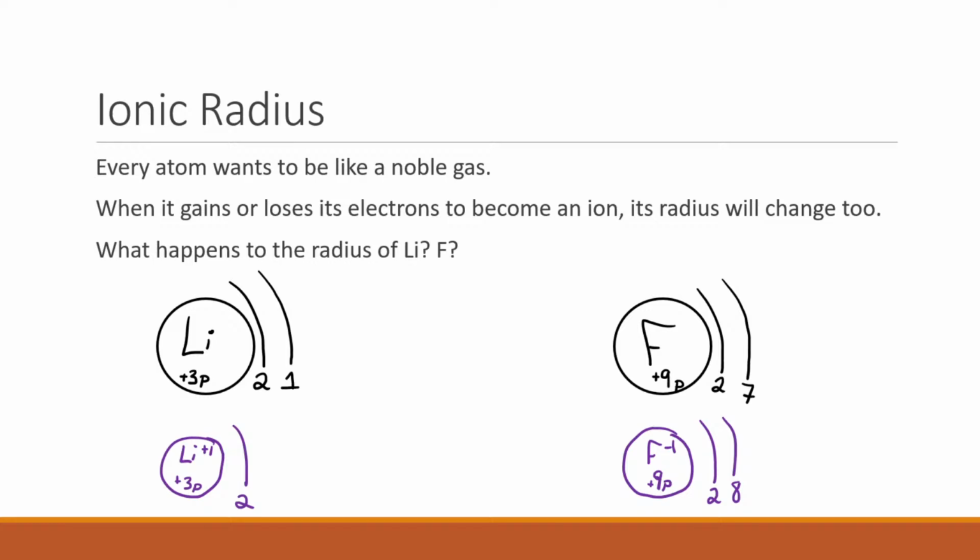Remember, I'm not a computer that can draw things to scale or even make good-looking circles. All right, good. It is going to get the tiniest bit bigger because it does have that 1 extra electron to hold on to.